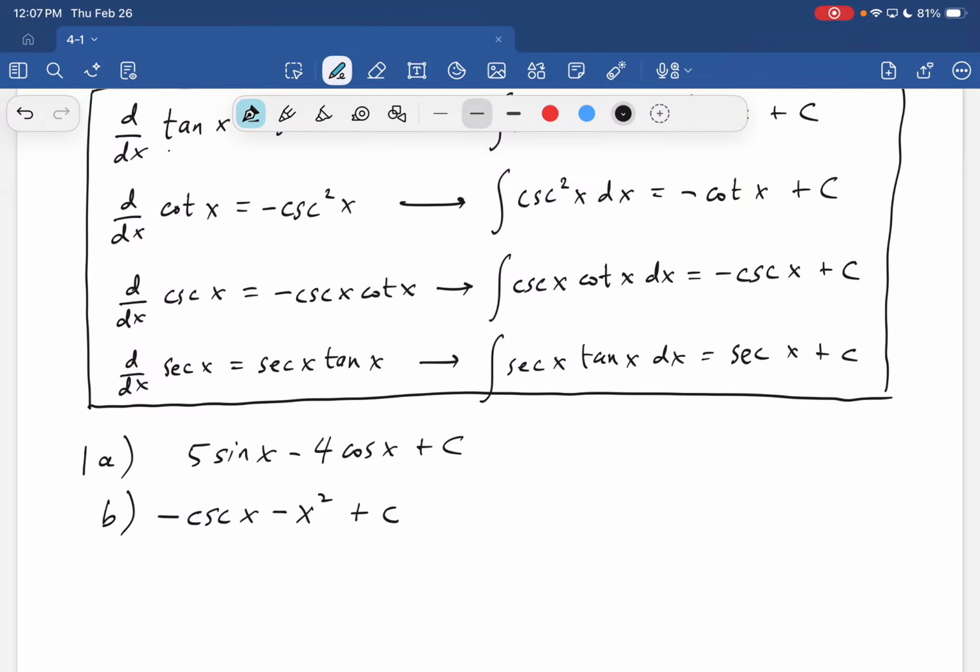Yes. The integral of negative sine is cosine. Okay, I'm gonna move on now.